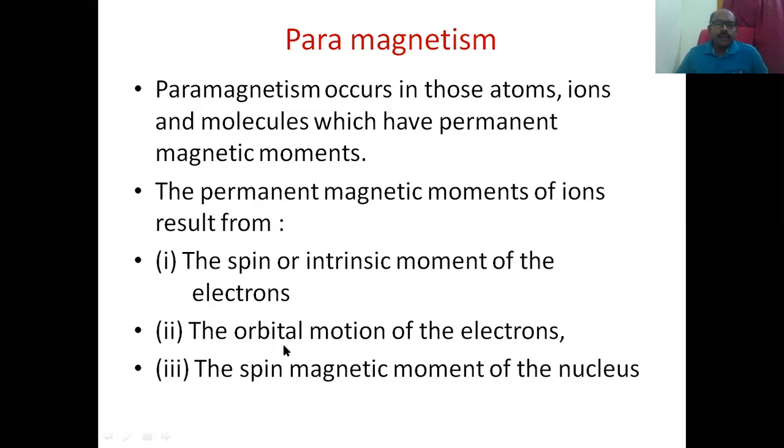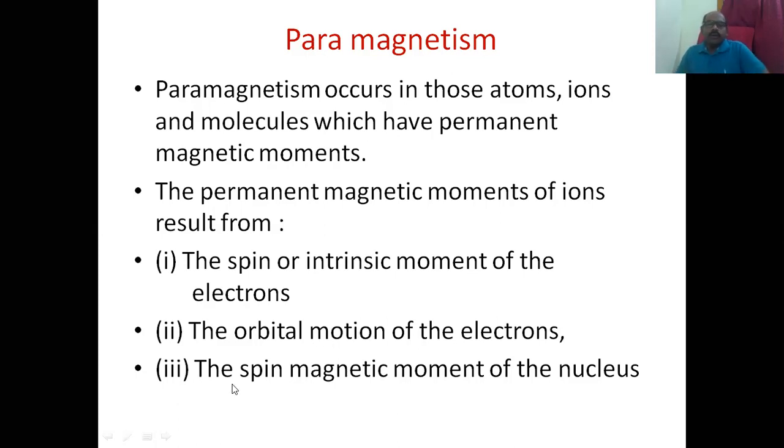Another possibility is the orbital motion of the electrons. Whenever the electrons revolve around the nucleus, they possess some orbital angular momentum and hence some orbital magnetic moment. So we call these the spin magnetic moment of electrons and the orbital magnetic moment of electrons.